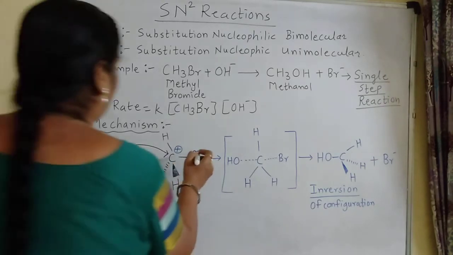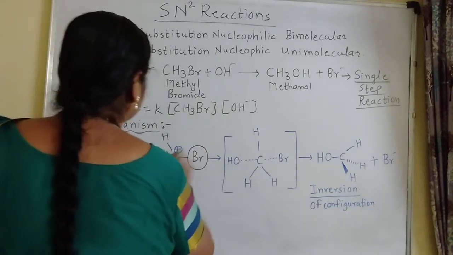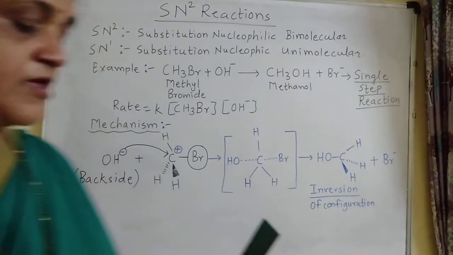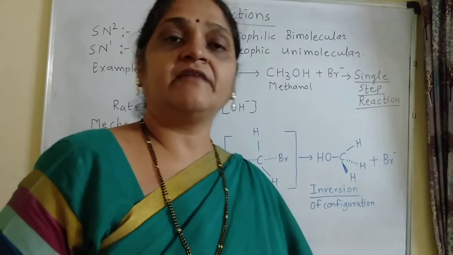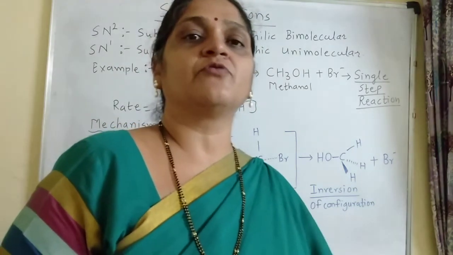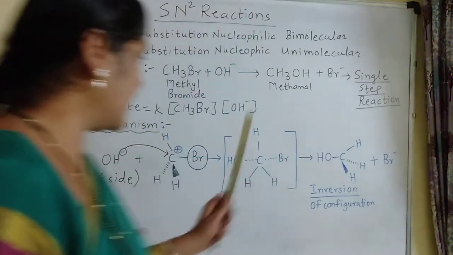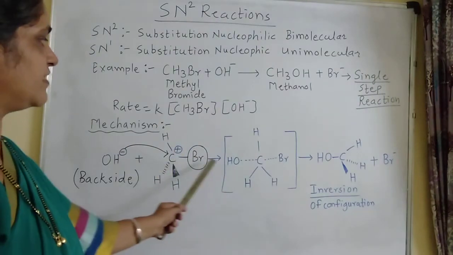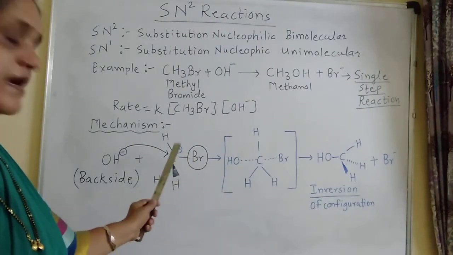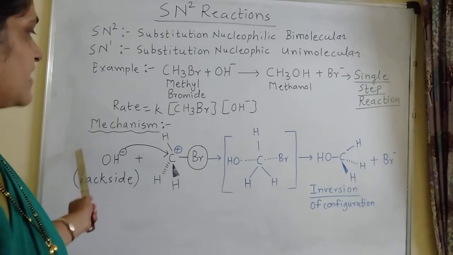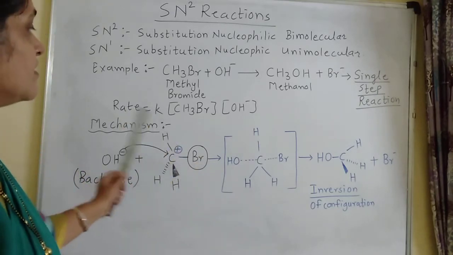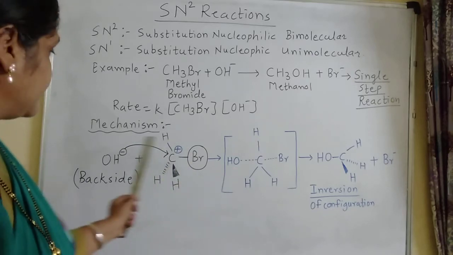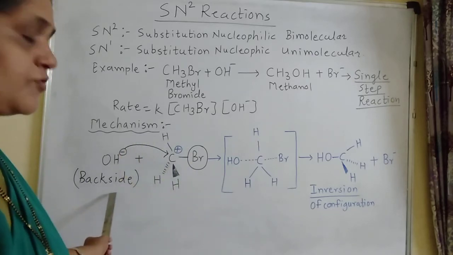You know that halogen atoms are bigger in size, and these halogen atoms will hinder the attack of the nucleophile, or they will interfere with the attack of the nucleophile. The nucleophile cannot approach this carbon when it attacks from this side, and that is why it will prefer the attack 180 degrees away from the halogen atom. We can say it is a backside attack of the nucleophile.